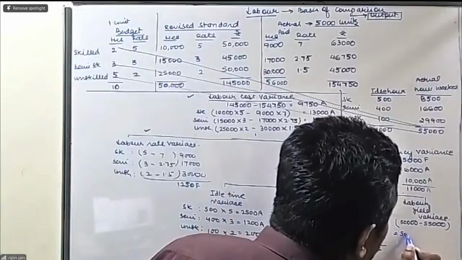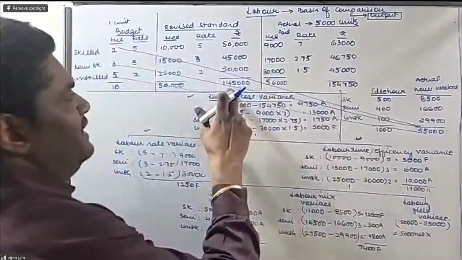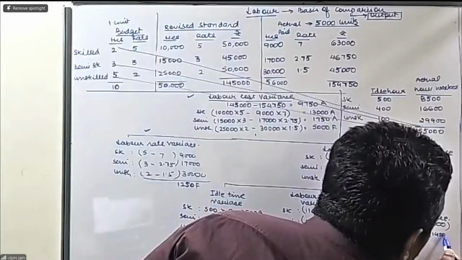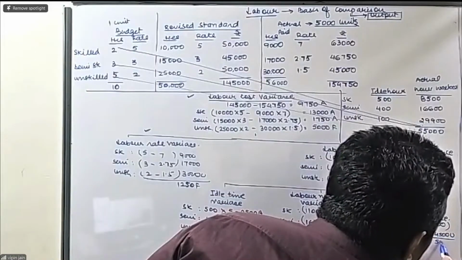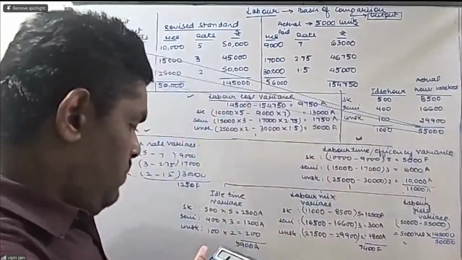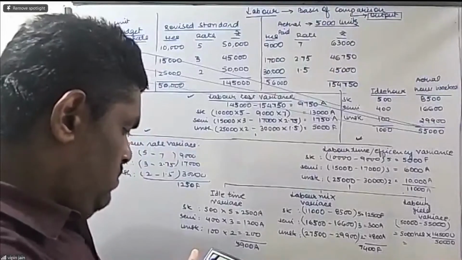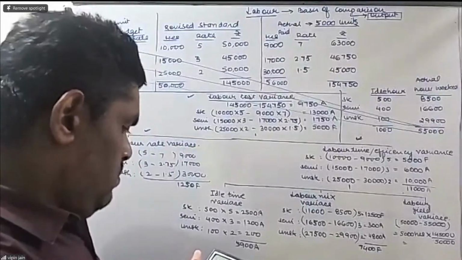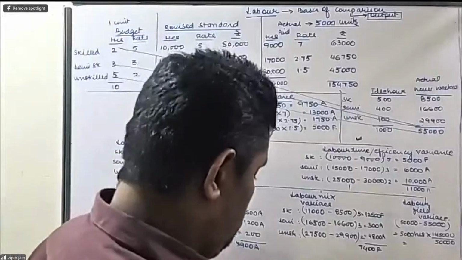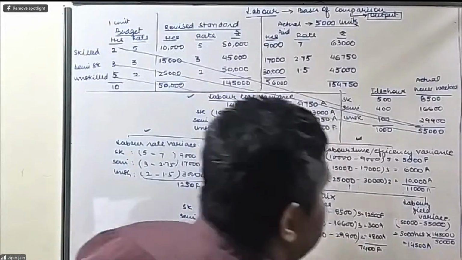So the difference is of how many hours? 5,000 hours into my weighted average rate, that is 1,45,000 divided by 50,000. So 14,500 is my inefficiency. That's it.